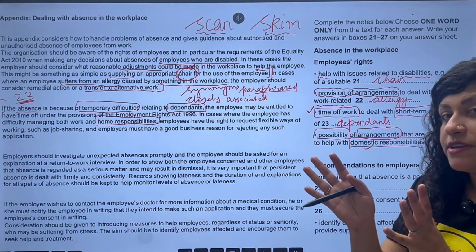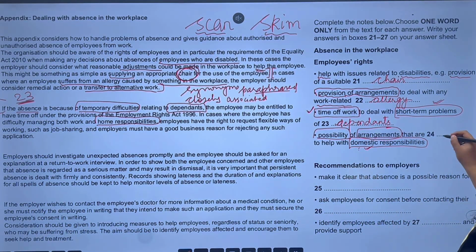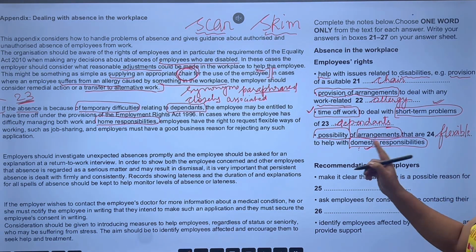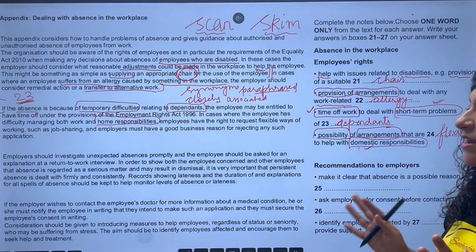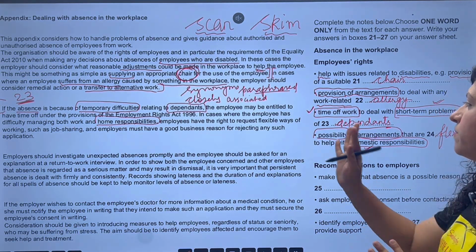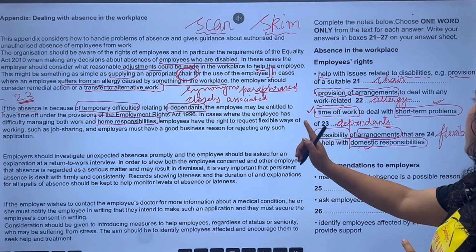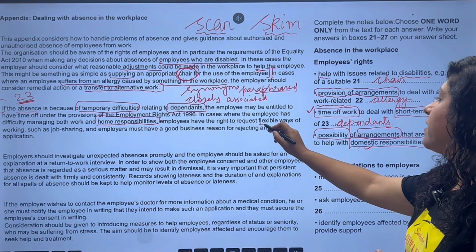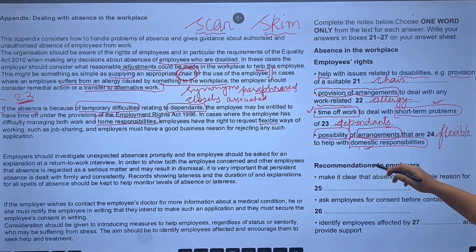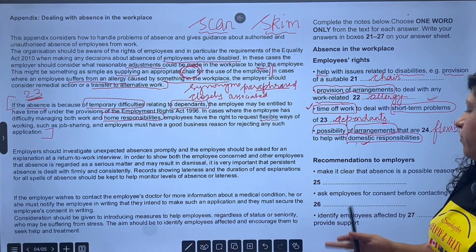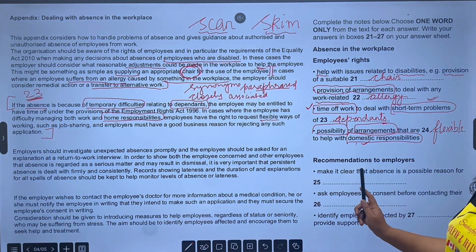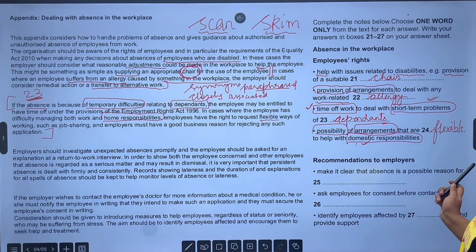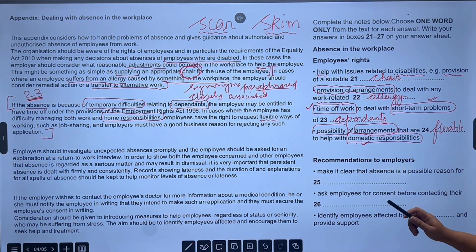So what kind of arrangements? Flexible arrangements must be made available to employees that have difficulty managing both work and home responsibilities. So I am going to write the exact word over here: arrangements that are flexible. So for question number 25, it says, make it clear that absence is a possible reason for something.